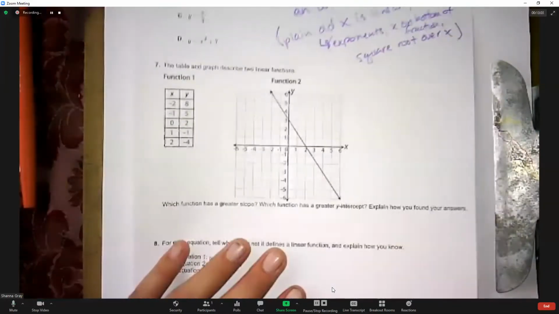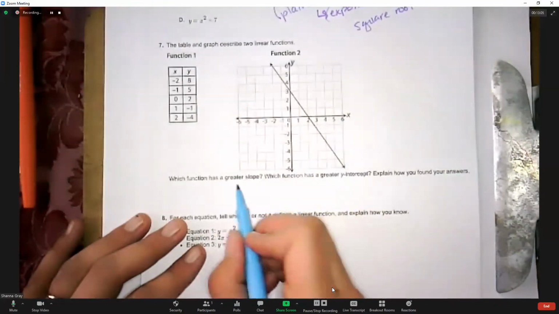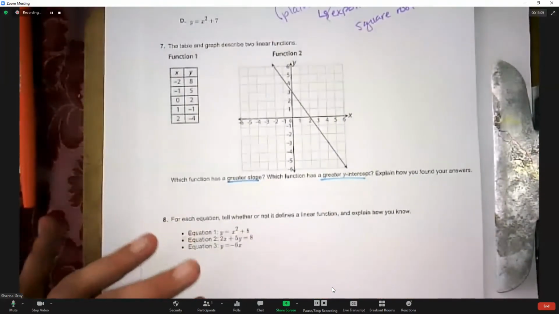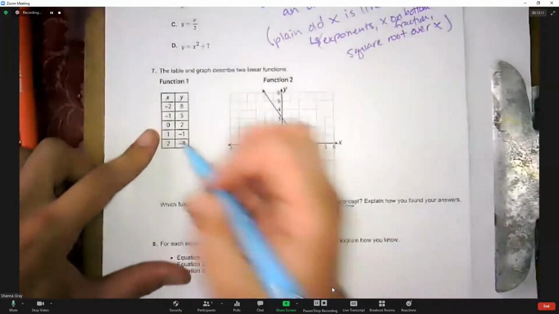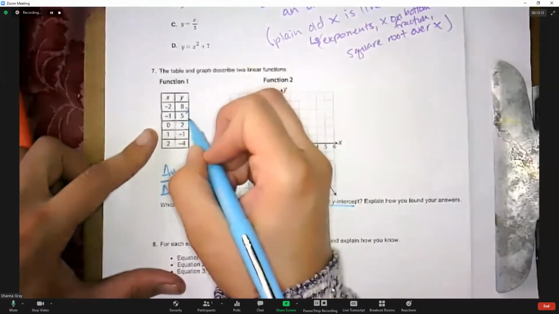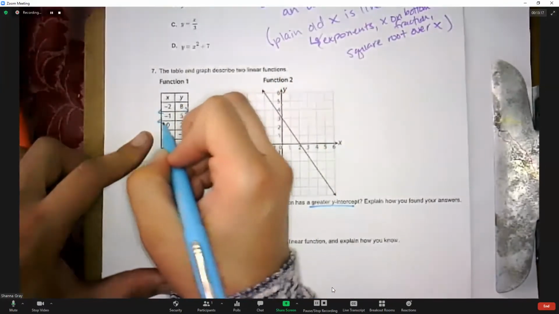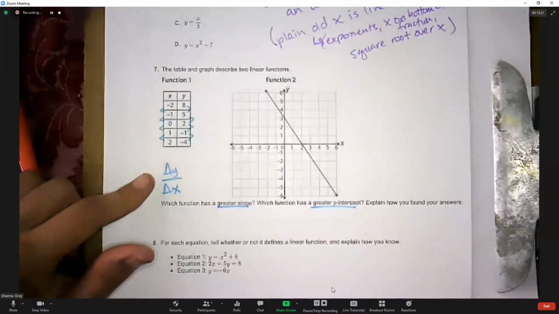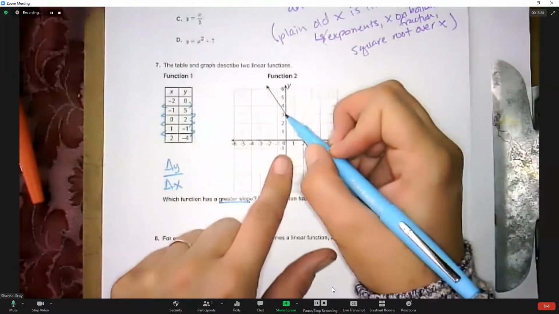Okay, for 7, it's asking for a couple things, right? It's asking you for which one has a greater slope, which one has a greater y-intercept. So you can see the slope here by looking at the change in y over the change in x, right? So you can go down and check what's happening on each side to set up this relationship. Here you can look at it by comparing points.